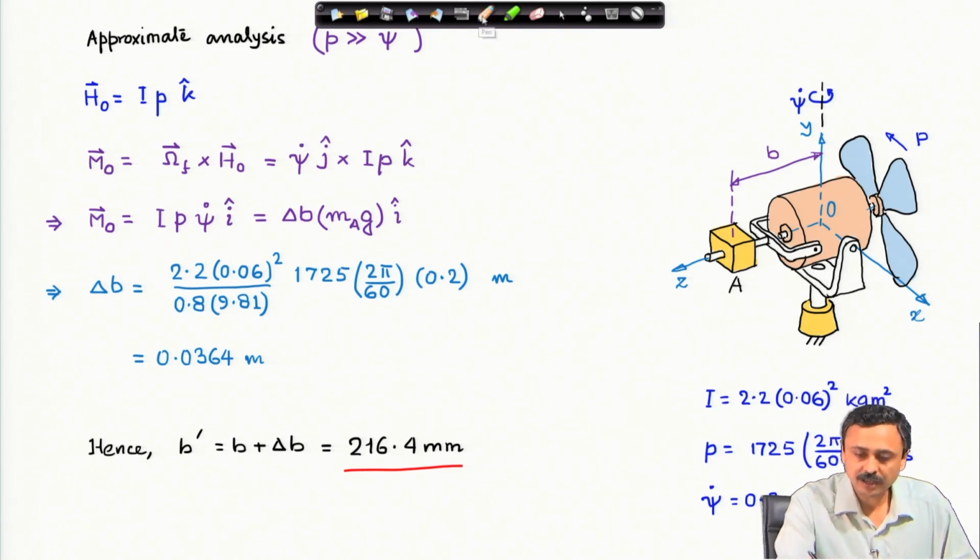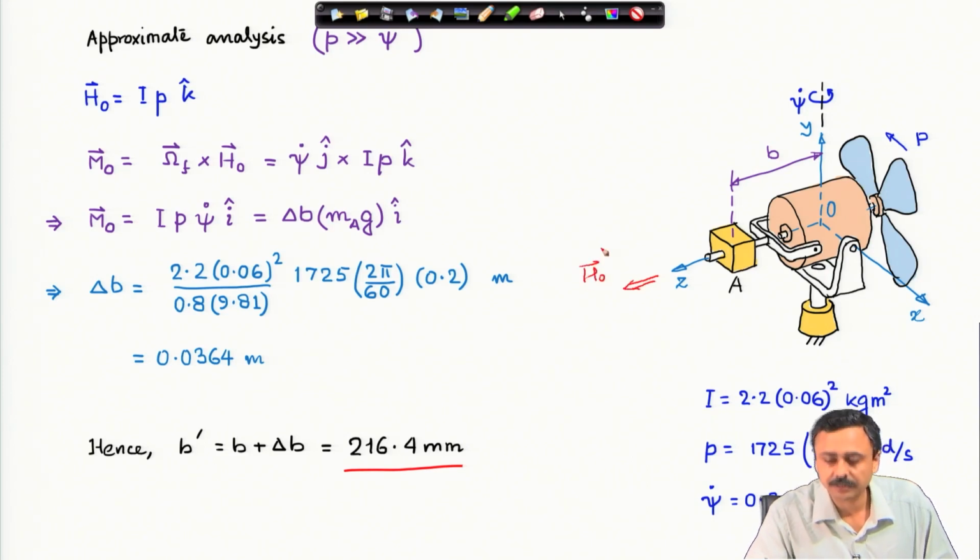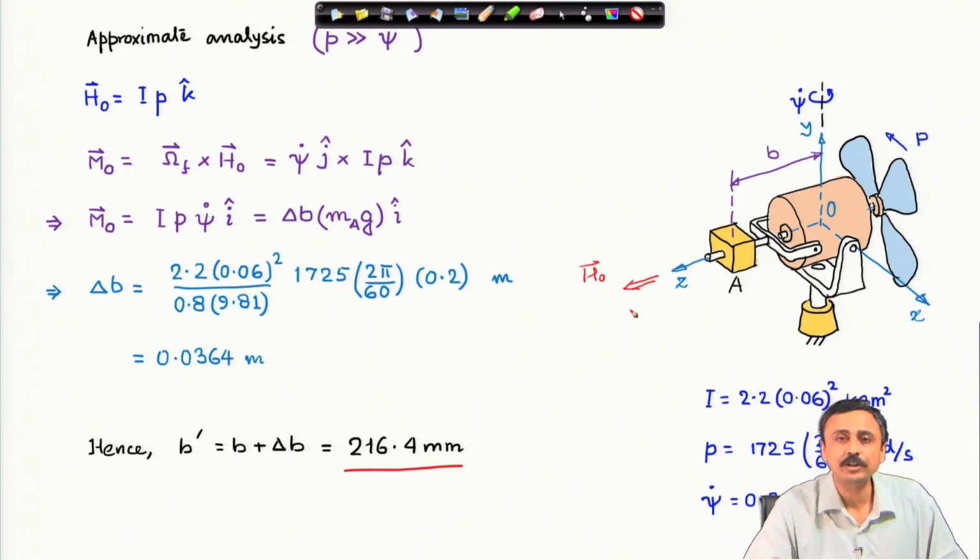Just to give you a geometric picture of this, this was the angular momentum vector almost, because psi dot is considered to be negligible. So, this is the net angular momentum.